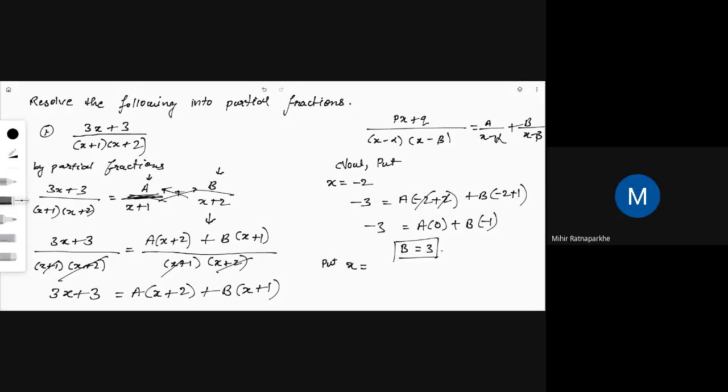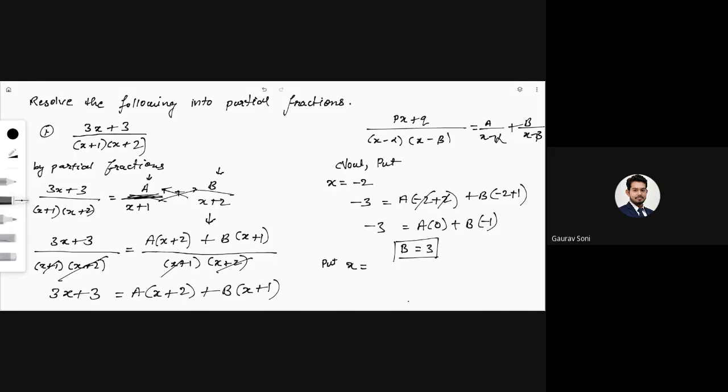So with the coefficient of bracket x plus 2, we let x plus 2 be equal to 0. So x will be equal to -2. And to find a, we put x equal to -1 so that b becomes 0. Exactly. So I hope everyone has identified this.